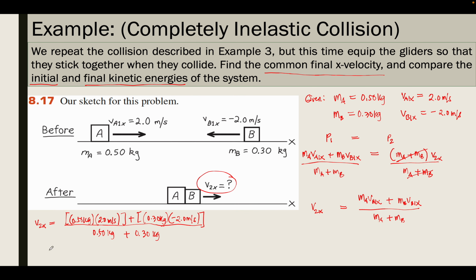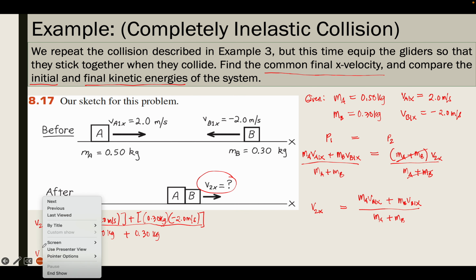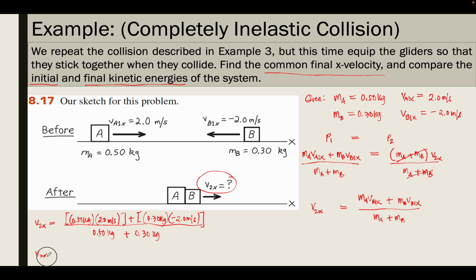Okay, so now if we calculate this one, we will find out that V2x is equal to 0.50 meters per second. So this is now the final velocity of these two gliders, A and B, after the collision.